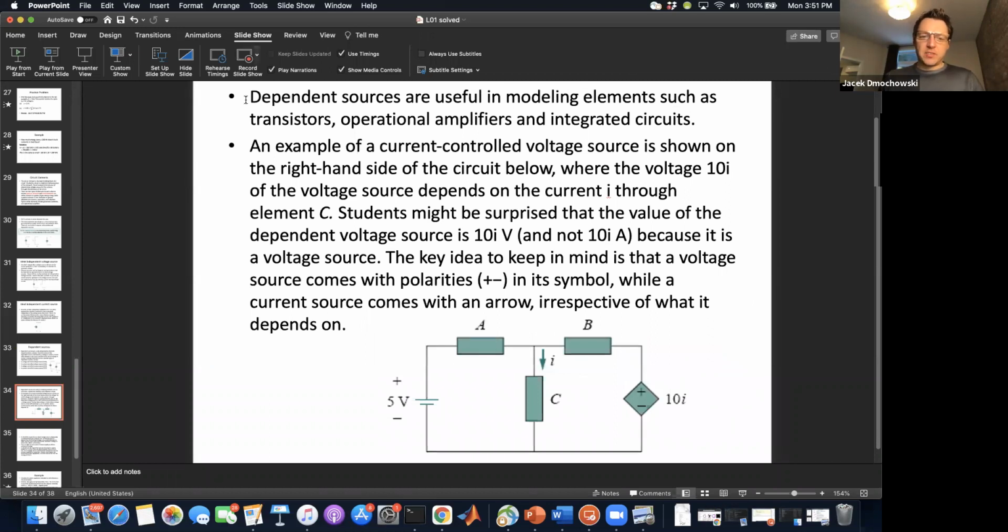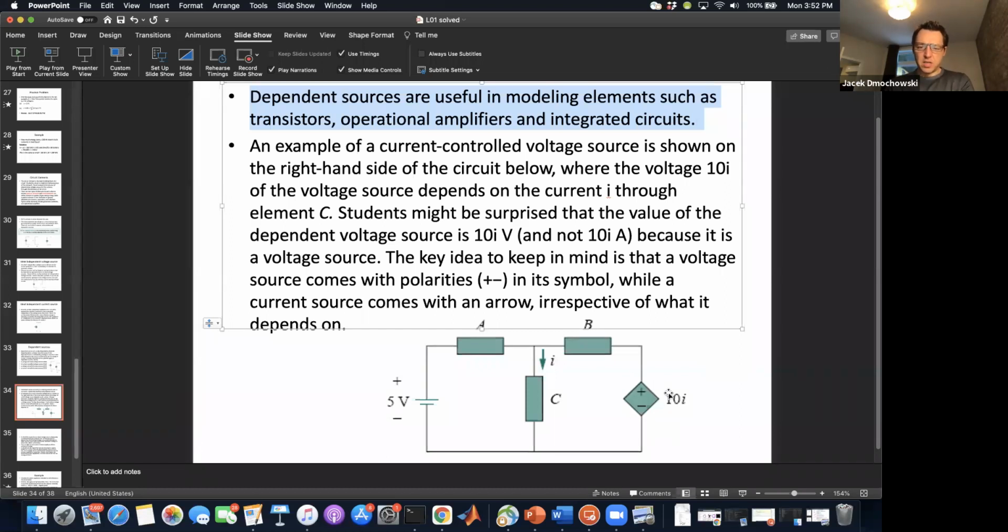All right, so dependent sources are useful because they allow us to model more complicated elements such as transistors or operational amplifiers. And so here's our first example of a dependent source.